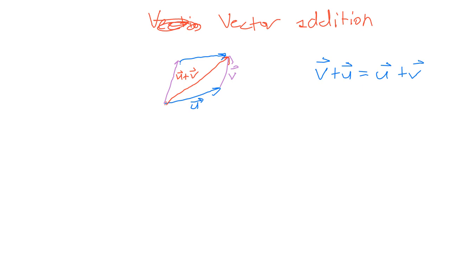The next thing we can do with vectors is multiply them by a scalar. If we have a vector, we can multiply it by a scalar to make it stay in the same direction but increase the magnitude.